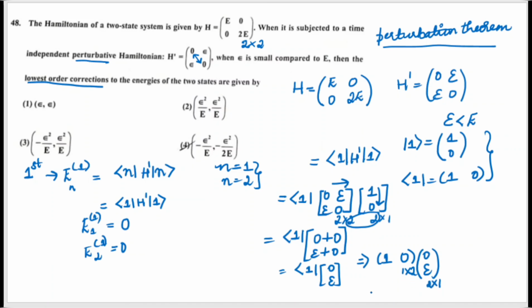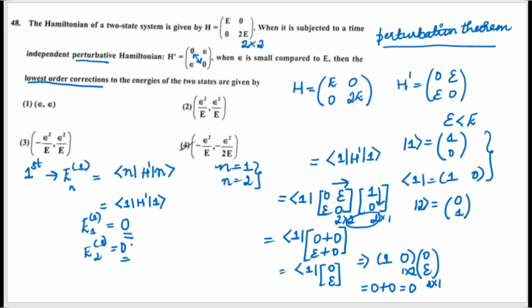So we'll get the solution to be 1 cross 1, only one number. 1 into 0 is 0 plus 0 into epsilon is 0. So we got the solution 0. I'm writing directly here. For 2 also, instead of n you keep 2. So what is the value for bra of 2 in the form of matrix? It is nothing but 0 1.